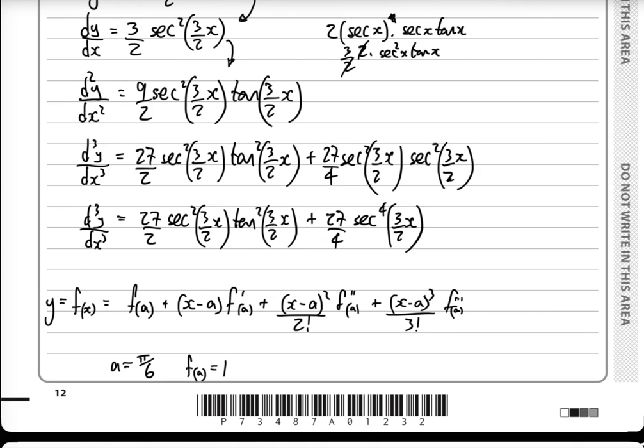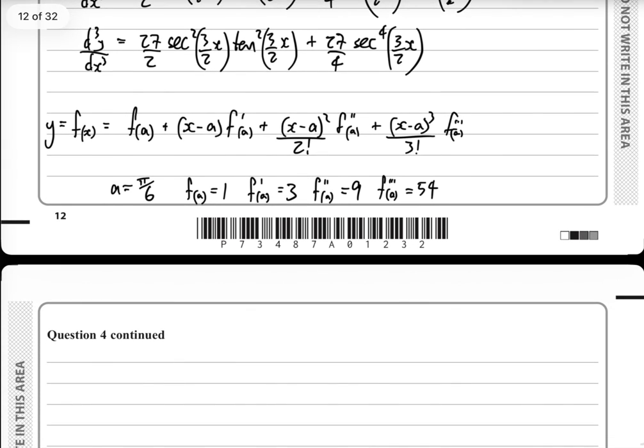When I've gone through that, I get a 2. So 3 over 2 times 2, that gives just a 3. And now I know those, that makes the rest of it easier. That's a 9. And that is 27 plus 27 is 54. Some surprisingly nice numbers in the end.